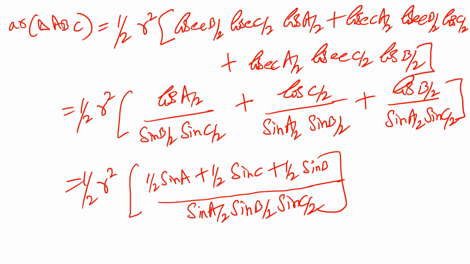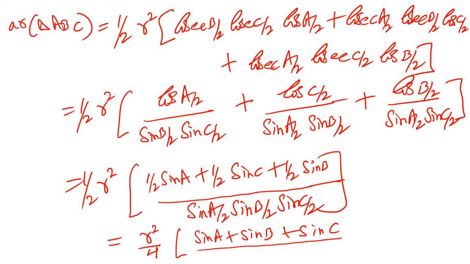Fine. Finally, this can be written as r square divided by 4 into (sine of A plus sine of B plus sine of C) whole divided upon sine A by 2 into sine B by 2 into sine C by 2. Right? Now we simplify it further.